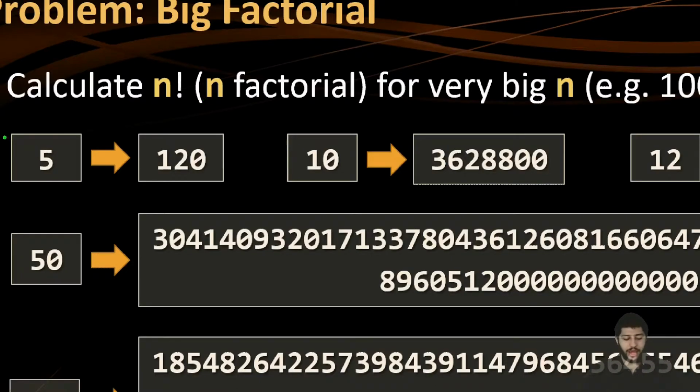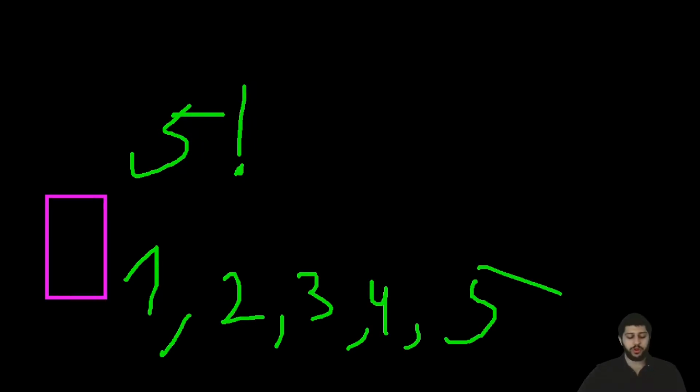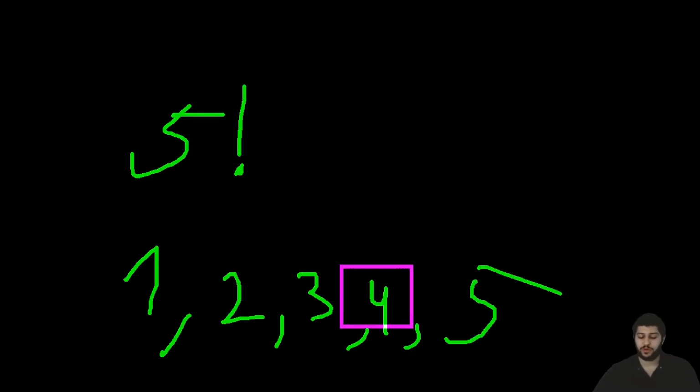And in our case here, we have 5. So factorial of 5, or in other words, we can think about factorial as a function, and we need to multiply each number from 1 to 5.